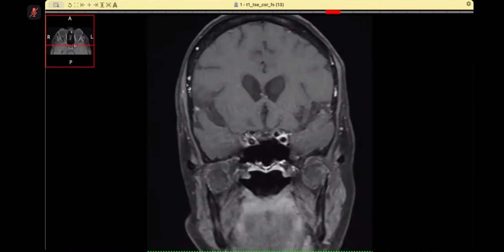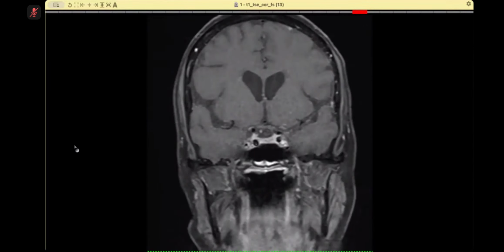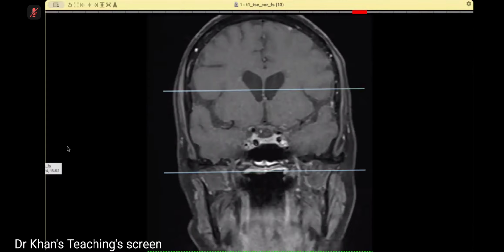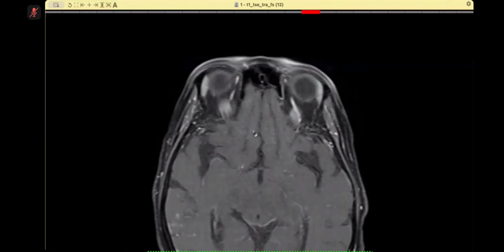Anything? Nothing jumping out. The optic nerve. Okay, so what I'll do is I'll give you an axial. Now take over the mouse. Okay.